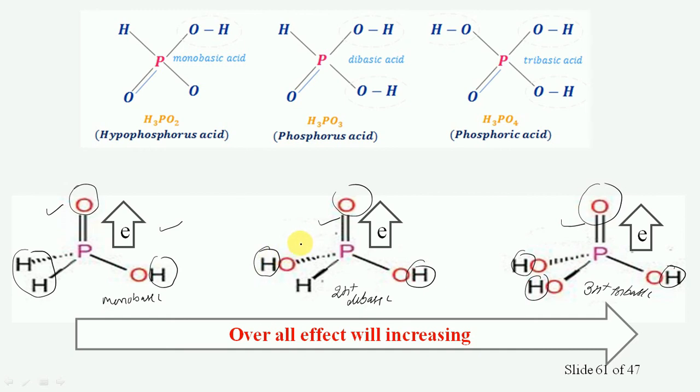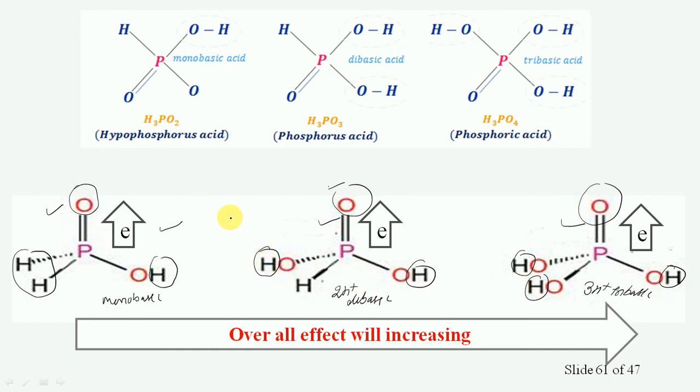Therefore, the overall effect of unprotonated oxygen is more in the case of this one, less in this case where there are 2 OH bonds, and least in this case where there are 3 OH bonds.